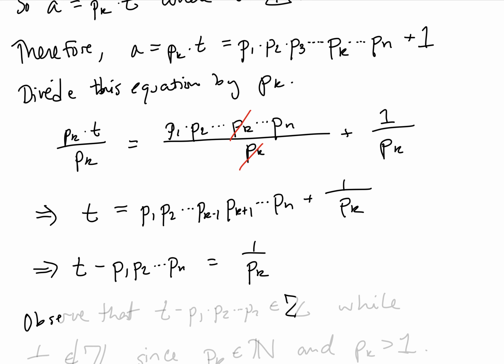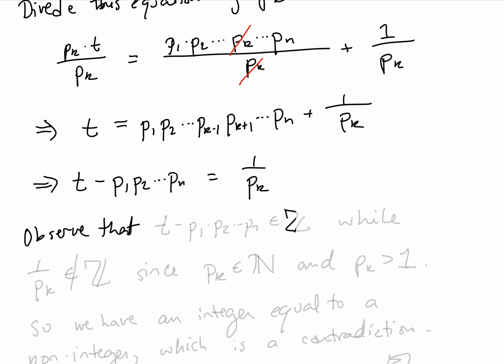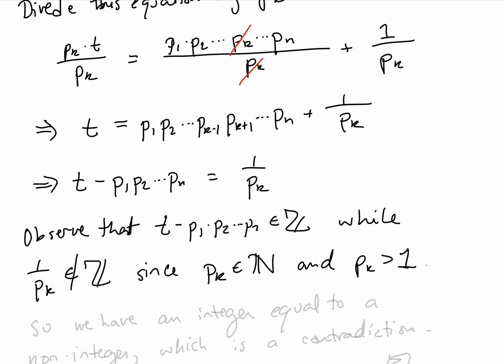So observe that t minus p1 times p2 times pn is an integer, while 1 over pk is not in the integers, since pk is prime, meaning pk is in the natural numbers, and pk must be larger than 1.